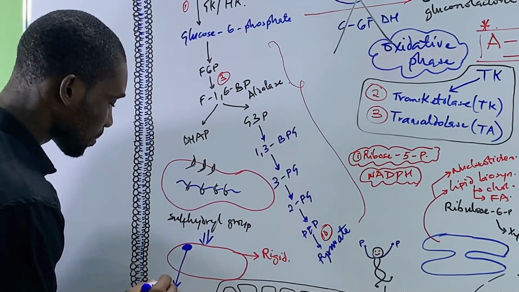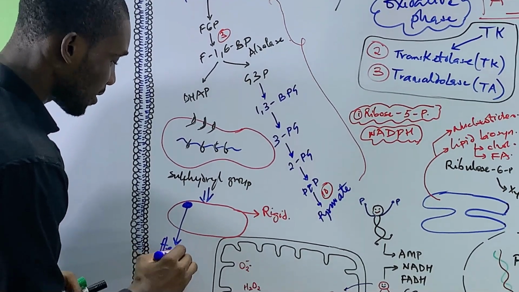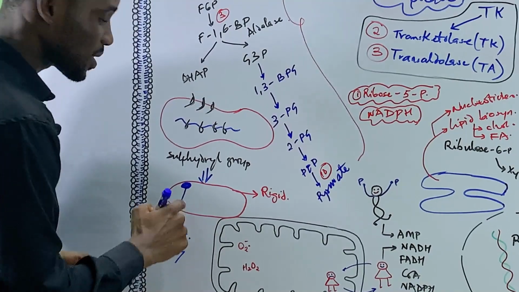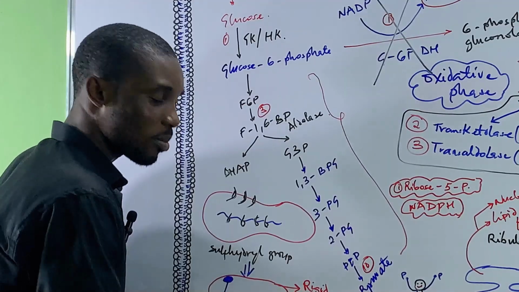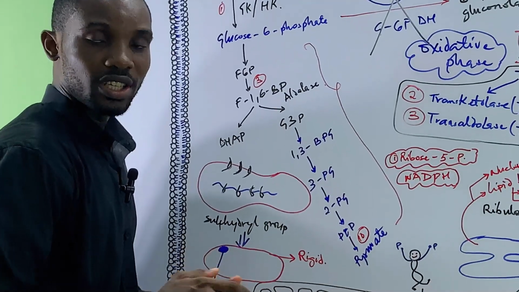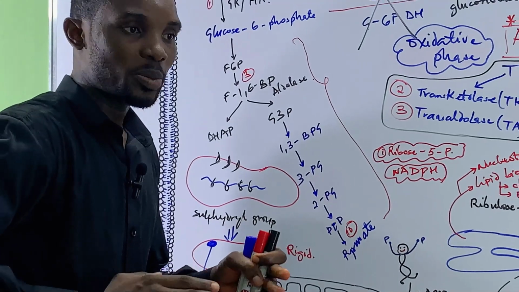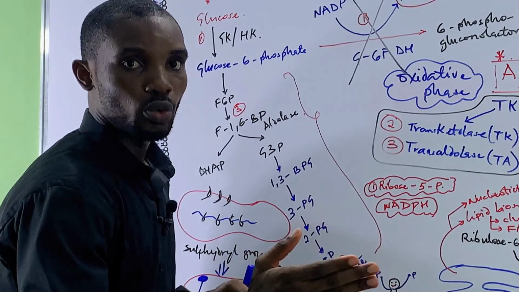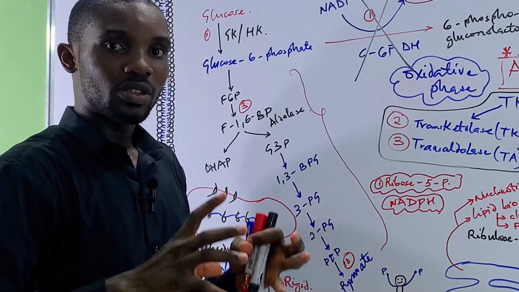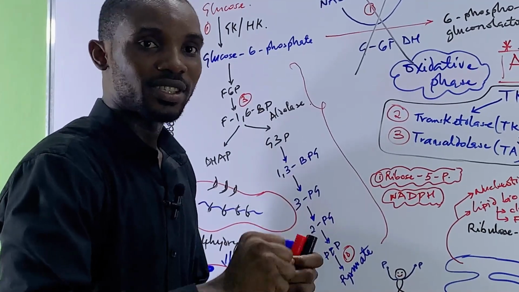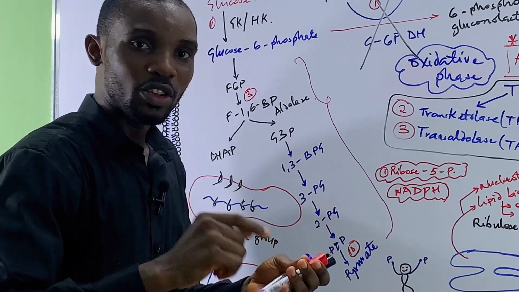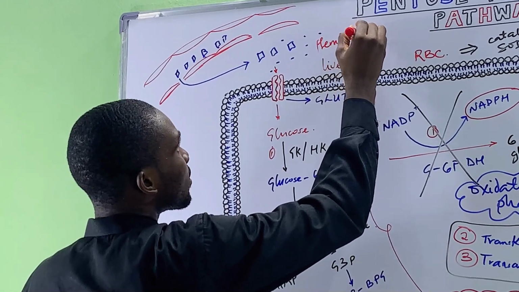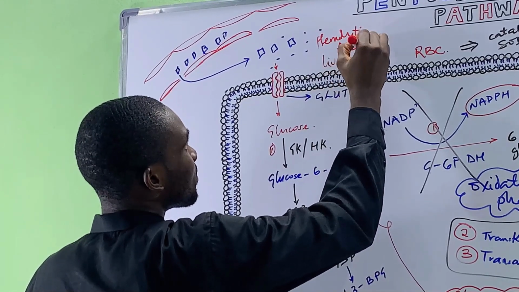Heinz body. H-E-I-N-Z body. So this is called Heinz body. And since this red blood cell is rigid, that's the membrane of the red blood cell is rigid, as it passes through the small capillaries of the spleen, it cannot squeeze through. And then the macrophages within the spleen now engulf it and then hemolyze it. So the person comes down with what? Hemolytic anemia.